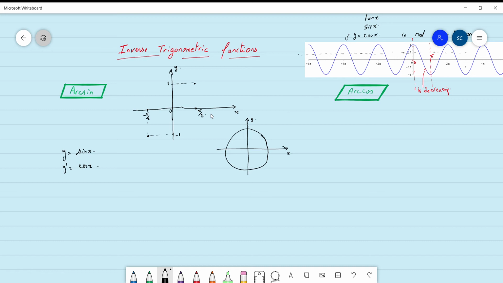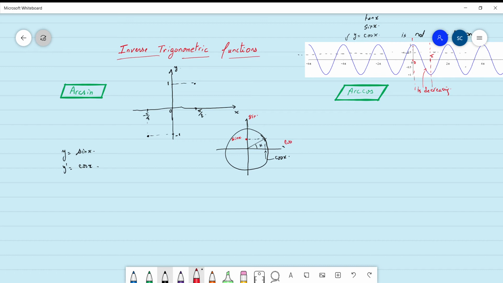If I have an angle x, what I read here is the cosine of x, and what I read here, this point, is the sine x. That's why we call them the sine axis and cosine axis.